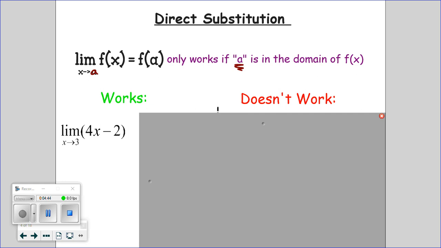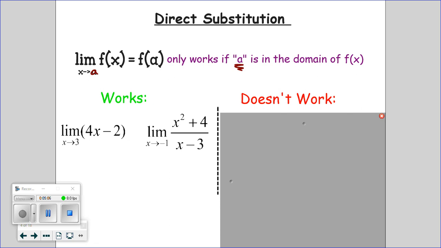I want to remind you back from pre-calc, those types of functions that you learned have domain restrictions, the ones we have to be careful of. Fractions, radicals in the bottom of a fraction, logarithms, all of those have domain restrictions. And as long as we are within the domain, it'll still work. For example, this is a fraction.